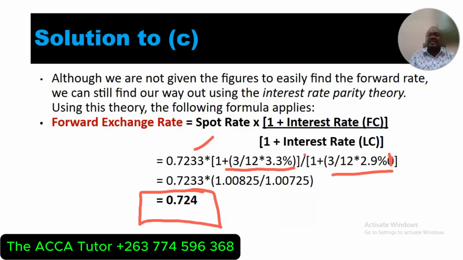Why? Because the inflation for the foreign country is 3.3 against 2.9. So obviously the forward rate is going to increase. Are we together, ladies and gentlemen? These are the tricky, juicy situations in this particular examination.